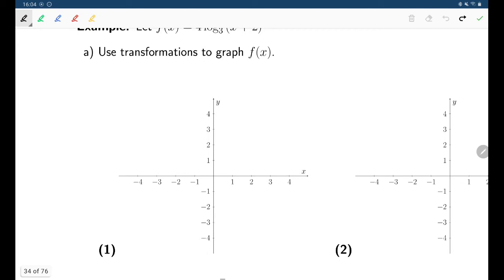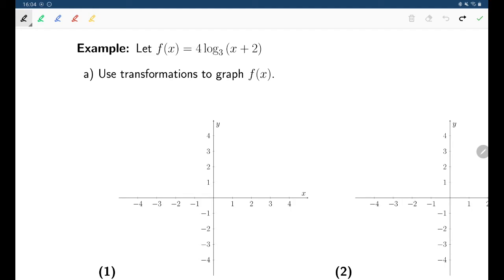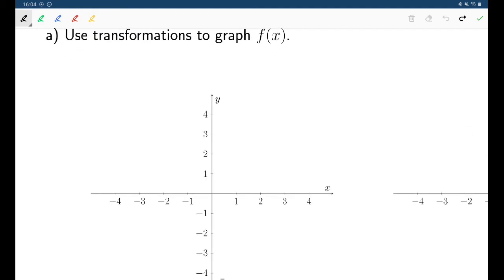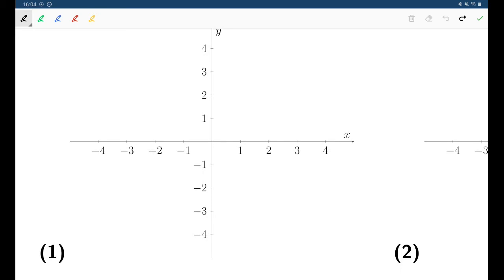Okay, so first thing that I'll do is I'm going to draw my basic shape of log base 3 of x. So log base 3 of x will go through a couple of nice points. The first one being base comma 1. In this case, the base is 3, so the point 3, 1. It will go through the point 1, 0, and it will go through the point 1 over the base, which is a third, comma, negative 1.